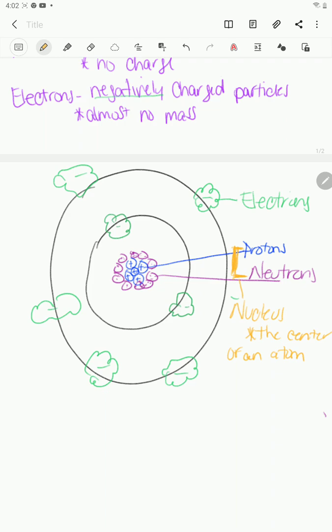And these are formed by protons and neutrons, okay? So they're going to stick together and they're going to form the center of the atom called the nucleus, okay? Now this nucleus has a net positive charge. These electrons here are going to orbit the circle around, okay, the nucleus.